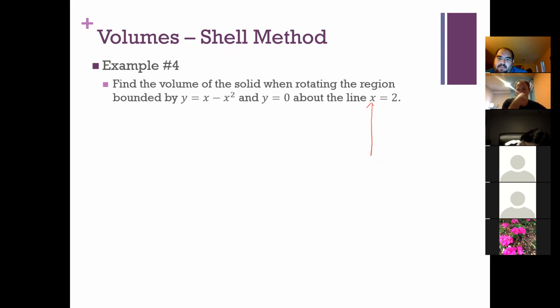All right, this is another one of those examples where I know that y equals x minus x squared is a parabola. I don't immediately know exactly what it looks like, but that's okay. Do I at least know which way it opens?